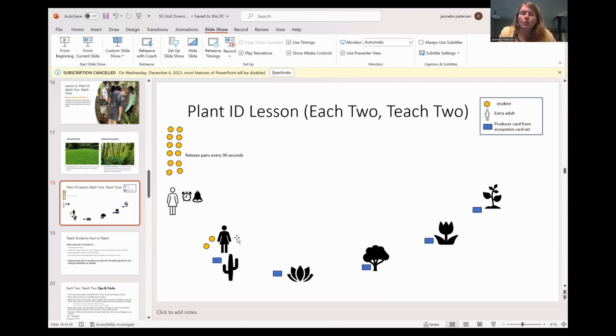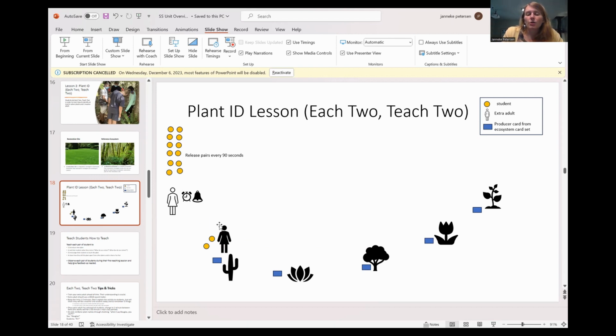When they get to you, you as the teacher teach them about this plant. I'll give you some tips and model how you might teach them about the plant on the next slide, but for now I just want you to understand the pattern. When the extra adult has released these two students, they start their stopwatch for 90 seconds.